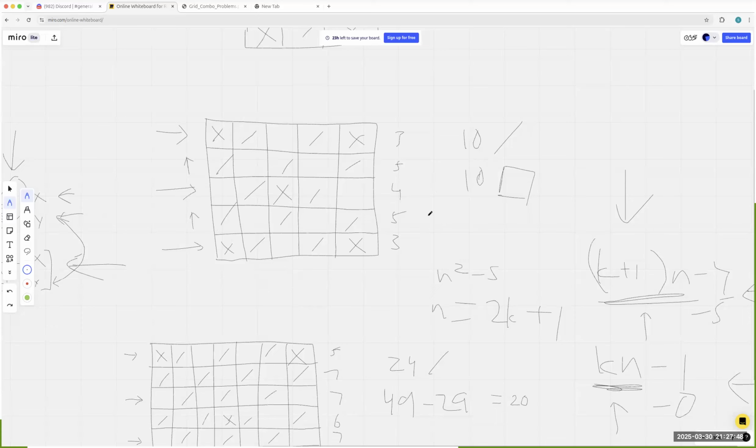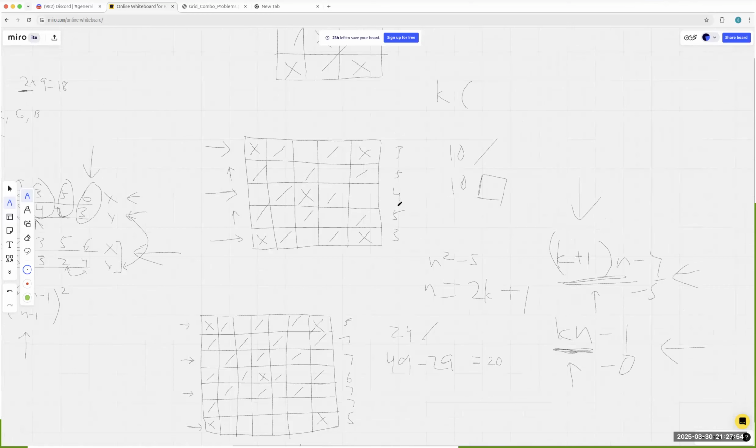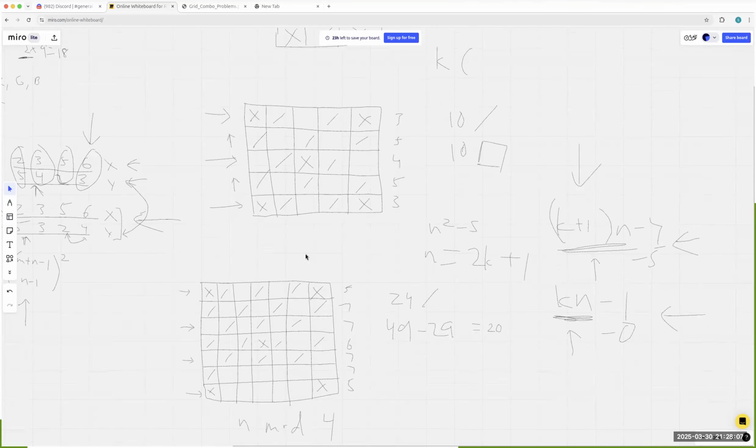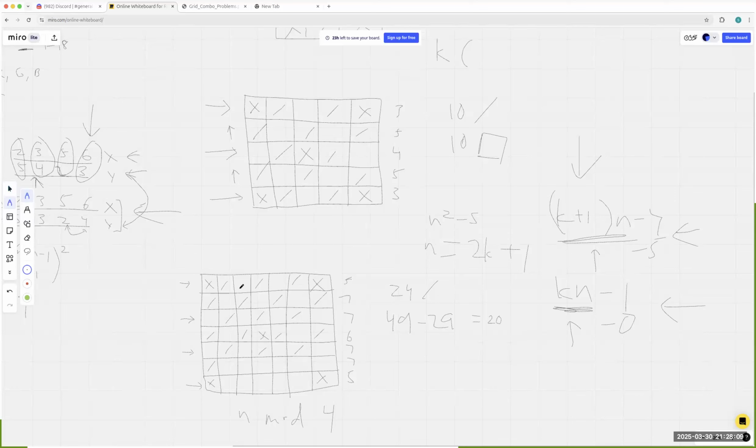An odd number of blank squares, probably. Wait, that depends on if it's mod 4. Wait, you would need to work out the details for this. I'm not quite sure, off the top of my head, if this works. Maybe, oh, it does. There's some casework related to mod 4, I think.